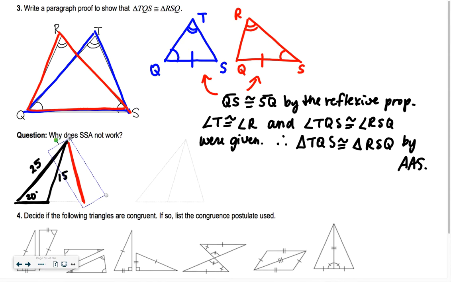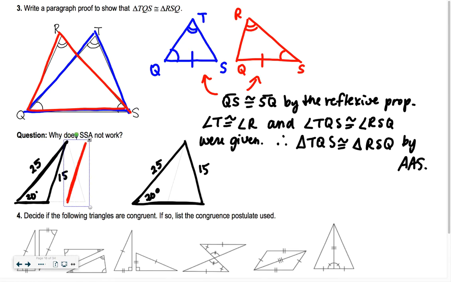I have another triangle that has those same measurements. I didn't change my angle here, I didn't change this length here, but now instead of having 15 going downwards and to the left, it goes downwards to the right. Does that make sense? That's a second triangle with exactly the same measurements. So this 15 moved from here, like on a hinge. Do you all see this?